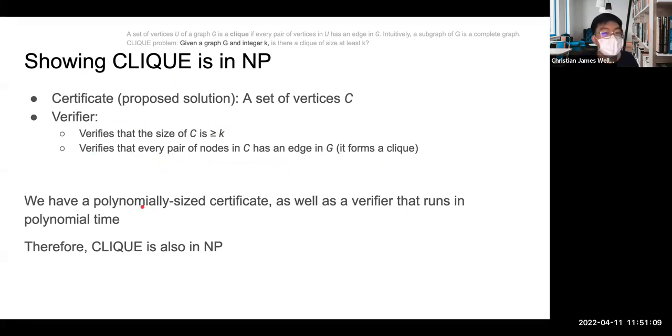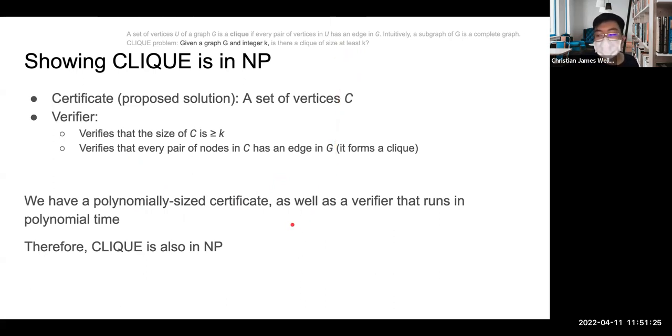All of this can be done in polynomial time. So CLIQUE is also in NP. In a sense this is easier to do, but I chose to do the NP-hard part first, just to remind you not to forget about this easy step. Just do it first.